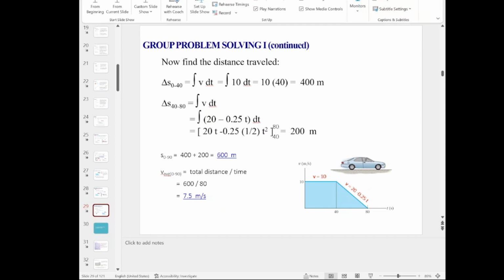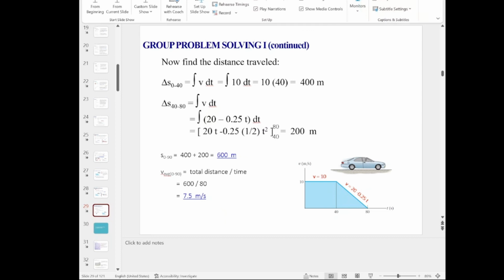The second part is the integral with respect to time of the velocity function. When you solve that with the initial time now 40 seconds, from 40 seconds to 80 seconds, you're going to come up with 200 meters. So the total distance traveled is 400 plus 200, 600 meters, okay?